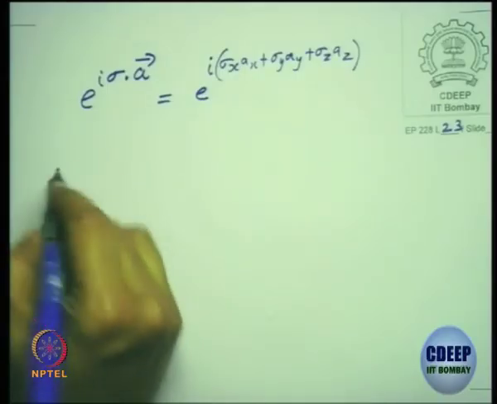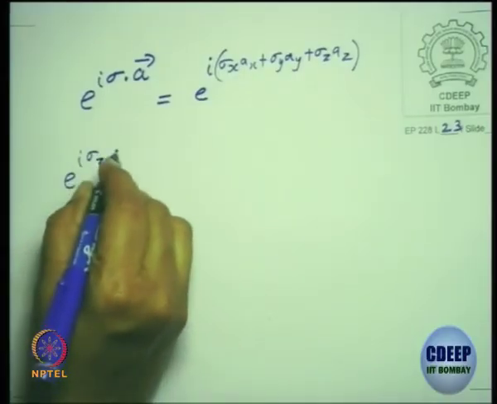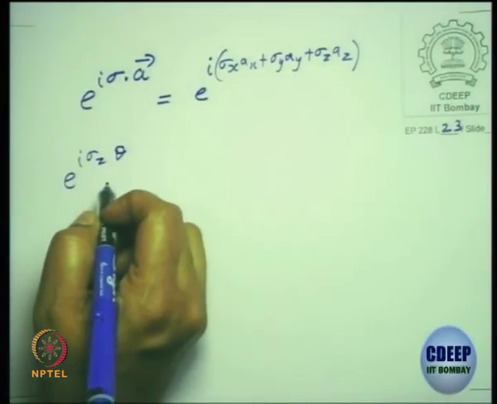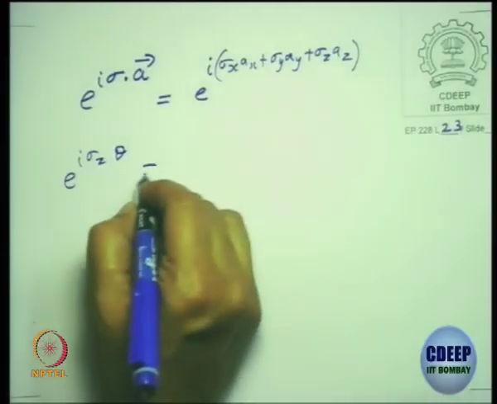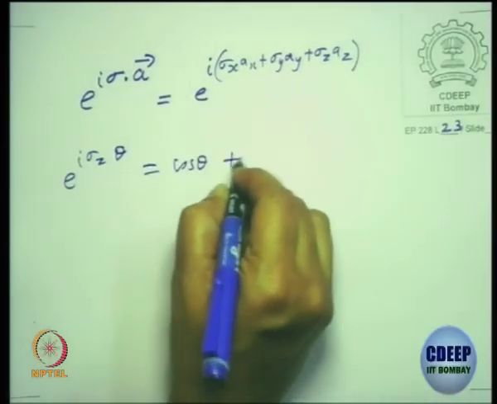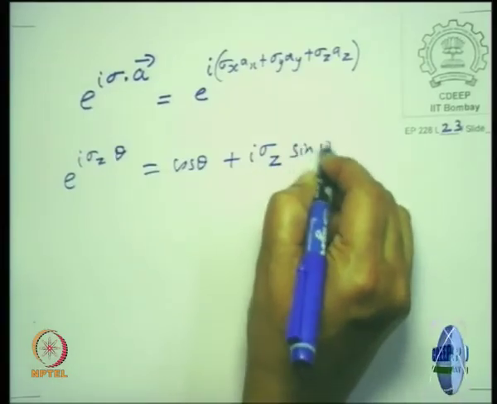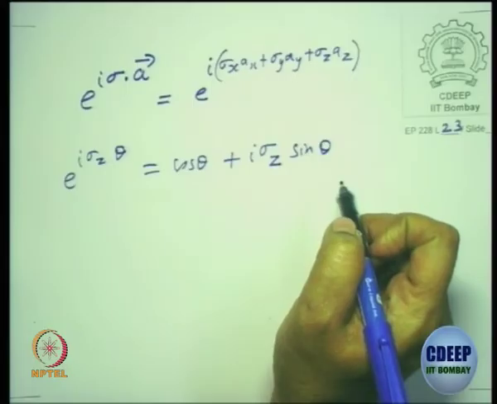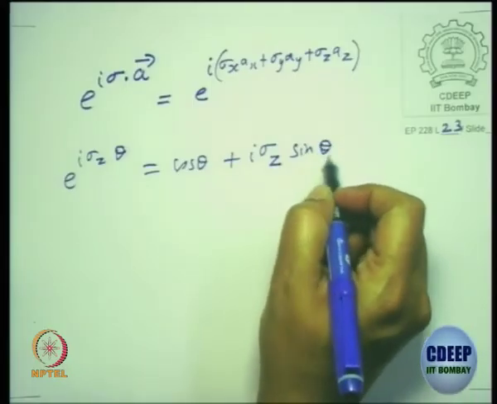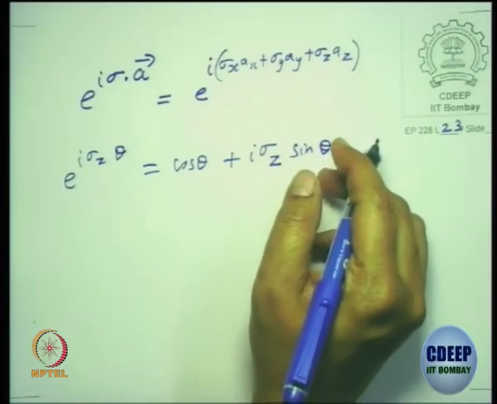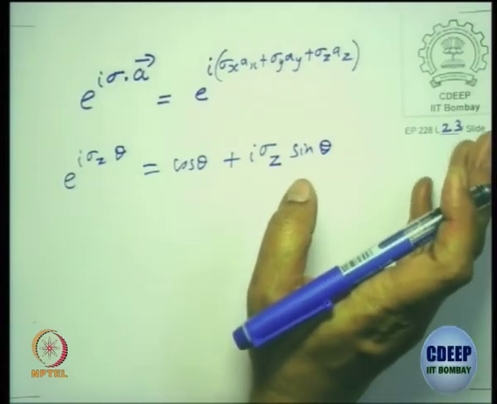We did this e to the power of I sigma z times some theta. What did we get here? Cos theta plus I sigma z sin theta. You can argue that theta is the magnitude which is oriented along the z direction to start with. And what do you expect from there?